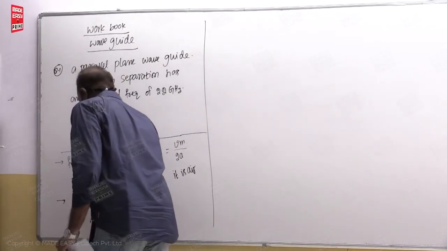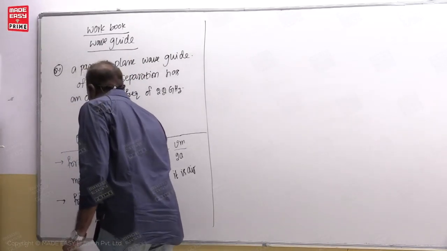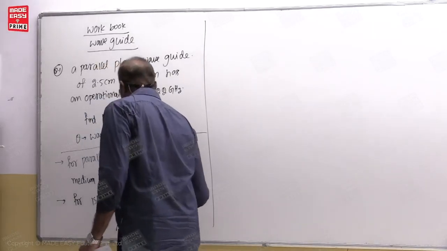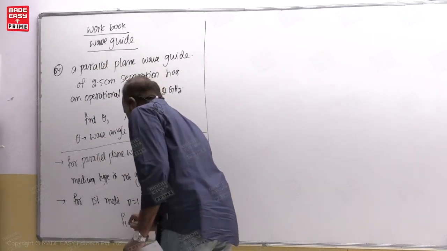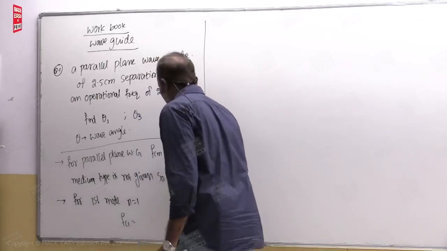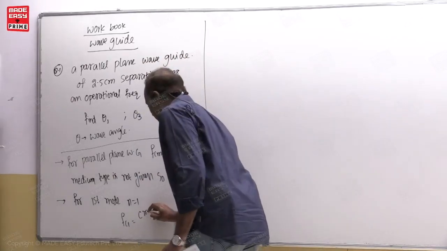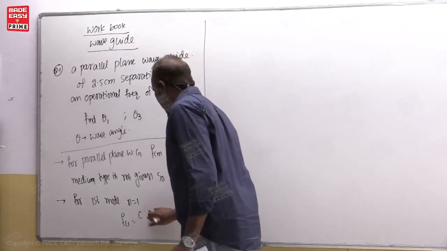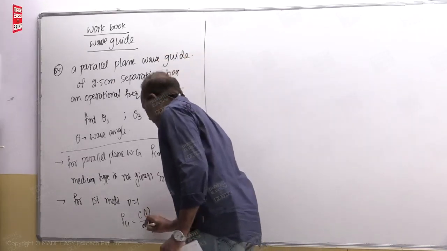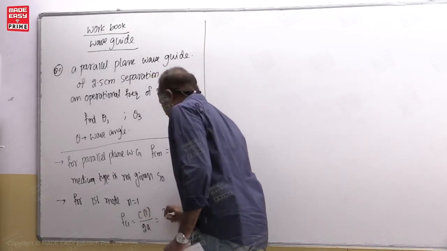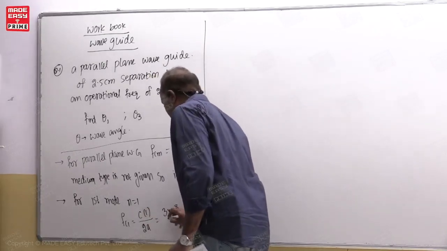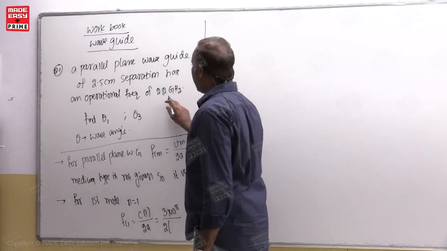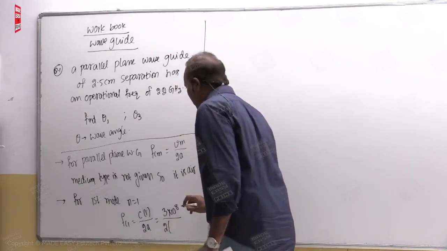Okay. Then for air medium, for first mode n is equal to 1, then FC1 becomes C. C means, air medium, light velocity. Then 1 divided by 2A. So 3 into 10 to the power 8 divided by 2 into A, which is 2.5 centimeter.